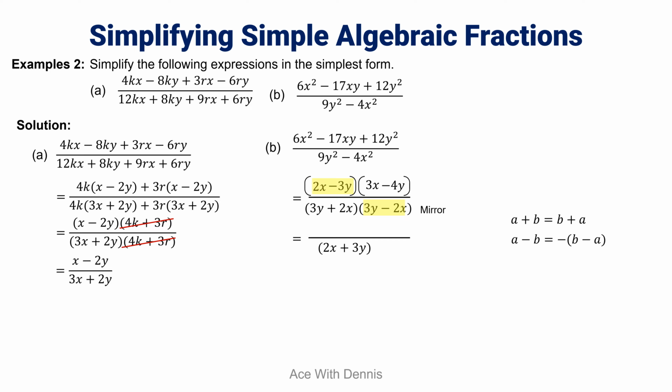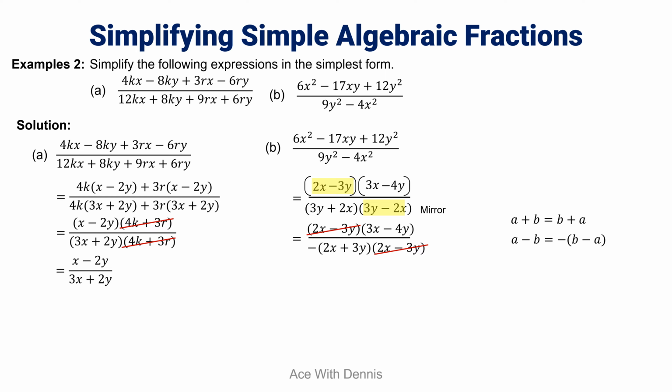And from the mirror, we know that a minus b equals negative b minus a. So for the numerator, everything is the same. We just write down 2x minus 3y times 3x minus 4y. And for the denominator, I'll put a negative sign in front, and then the second bracket, I write as 2x minus 3y.